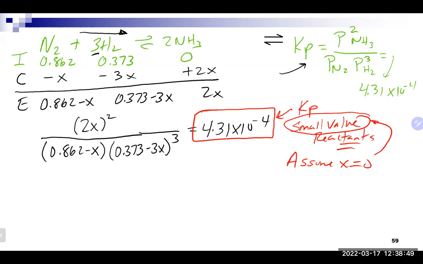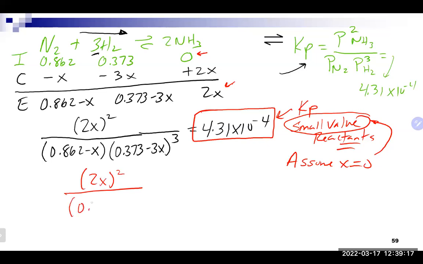It is only the x's that you would be subtracting from a number or maybe adding to a number. But we cannot get rid of this x because frankly, we started with 0. So whatever we made is a lot compared to where we started, as opposed to the other ones where we actually started with something and we're not going to make that much more.